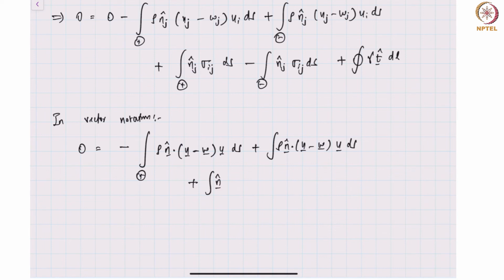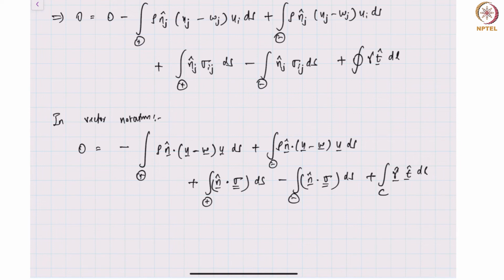This dot there. So that's my expression in vector notation.